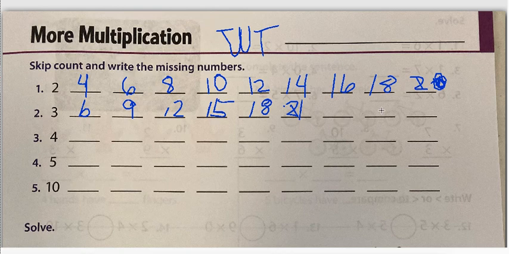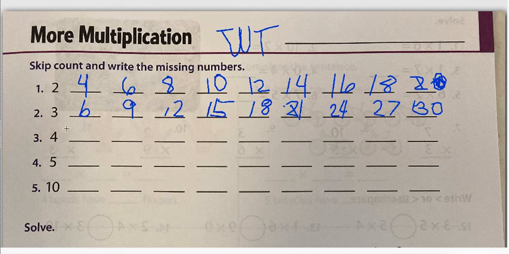And then what's next? 3, 6, 9, 12, 15, 18, 21. And then we have 24. And then 27. The last one is 30. And we're done. That's for the 3. Skip count by 3's. Number 3, we have 4's. Let's skip count by 4's.